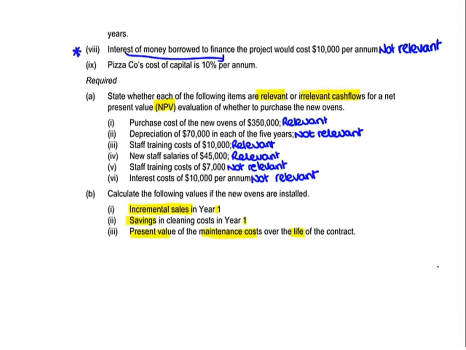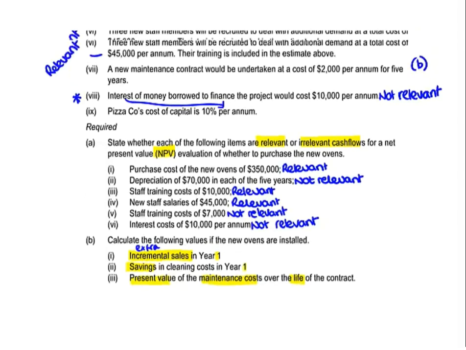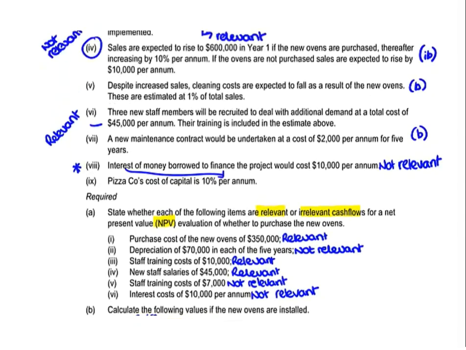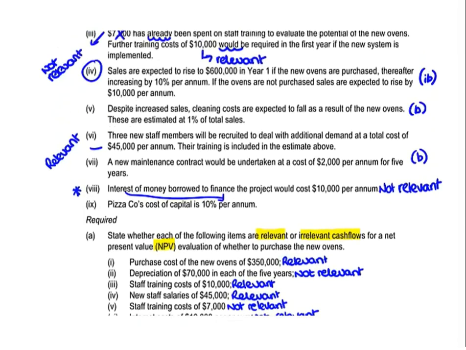In part B then, we need to do some calculations, and we're going to begin by looking at the incremental, so the extra sales in year 1. The information then for this we identified was in note 4. So sales then are expected to rise to 600,000 in year 1 if the new ovens are purchased.